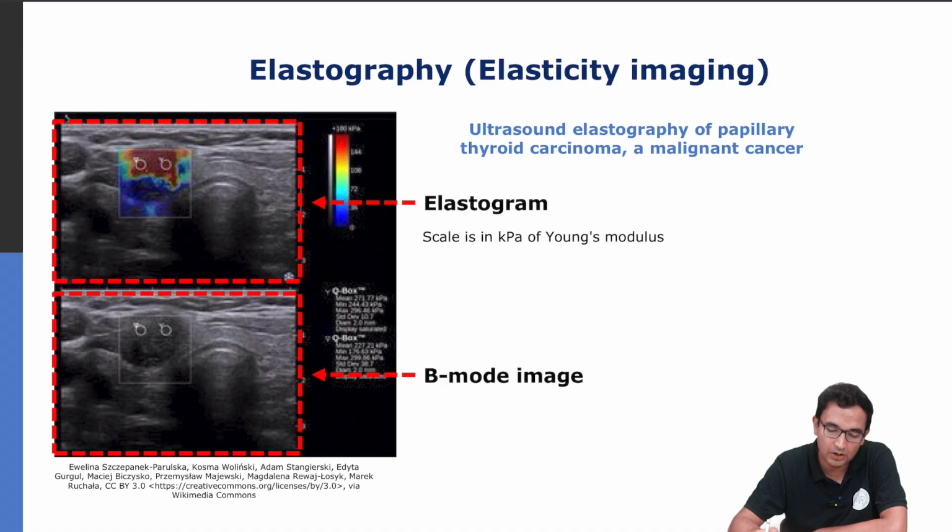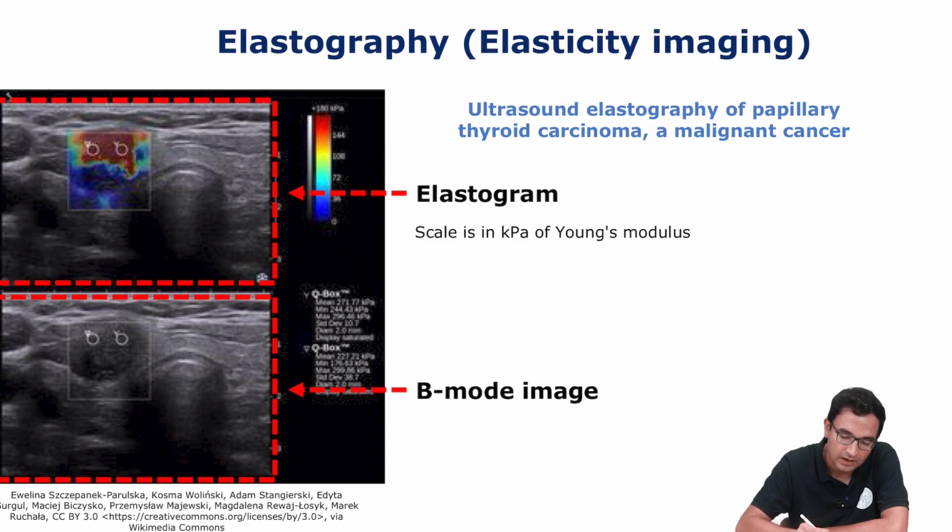So, here is an example of ultrasound elastography of papillary thyroid carcinoma, a malignant cancer, where the elastogram shows you how this red region has higher stiffness in this color map, more stiff relative to the background. But if you see a simple B mode image, you will not be able to really see whether this region is stiff or not. There is some contrast relative to the background, but it is very hard to differentiate that tumor, which you can do with tissue elastography imaging.